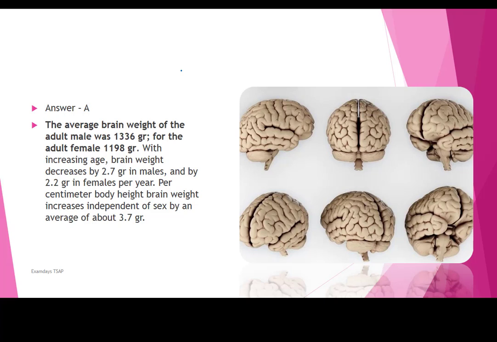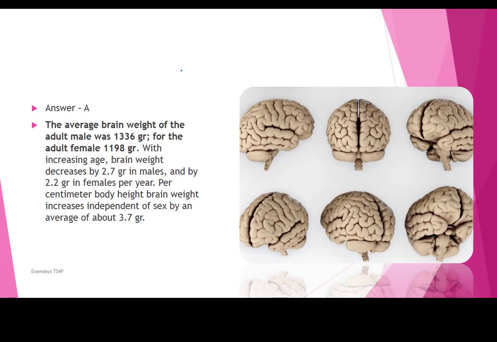The average weight of the brain in an adult male is 1336 grams, and in a female it is 1198 grams. With increasing age, brain weight decreases by 2.7 grams in males and by 2.2 grams in females every year.